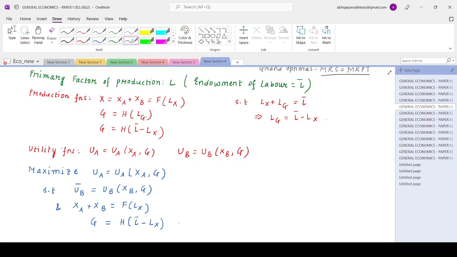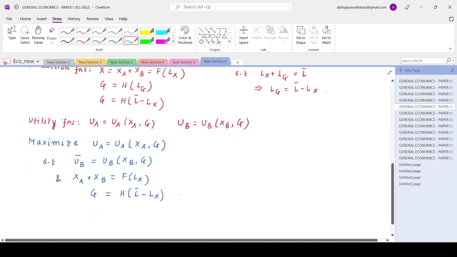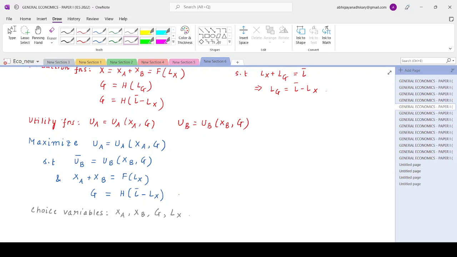What are my choice variables in this case? You'll try to find the optimal XA, XB, G, and LX, because LG will automatically be determined. We'll set up the Lagrangian expression to solve this.